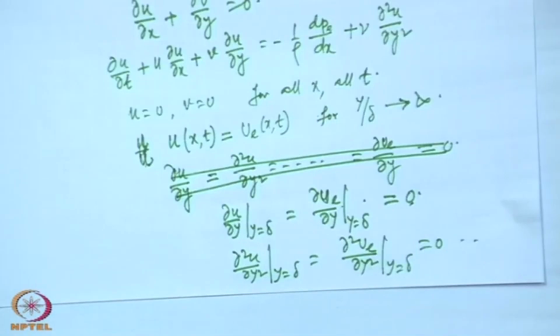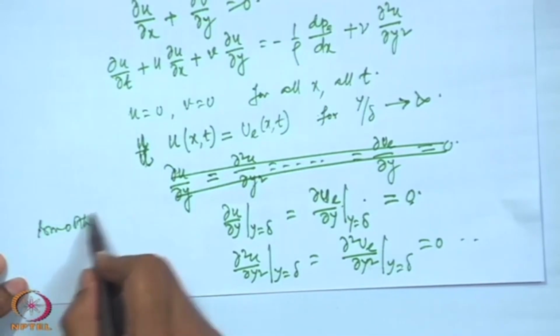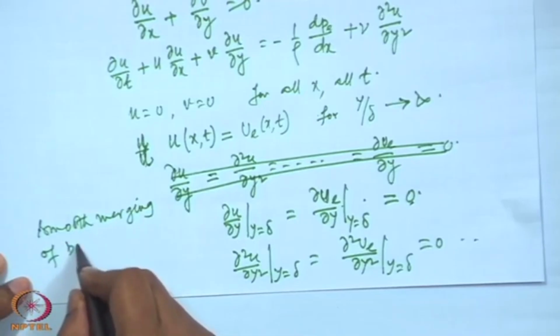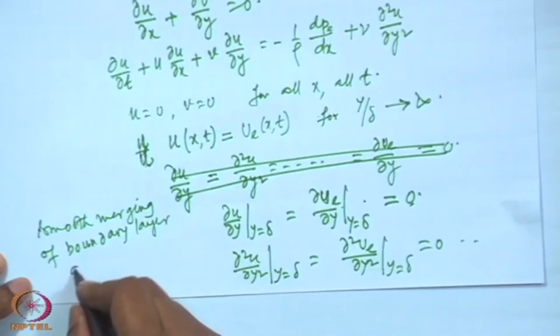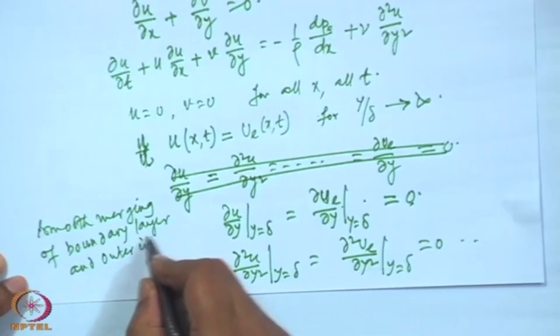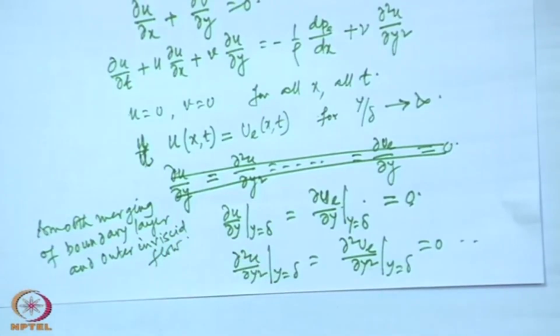Okay. For smooth merging of two layers, the boundary layer and outer inviscid flow, these are the required conditions for smooth merging of the two.